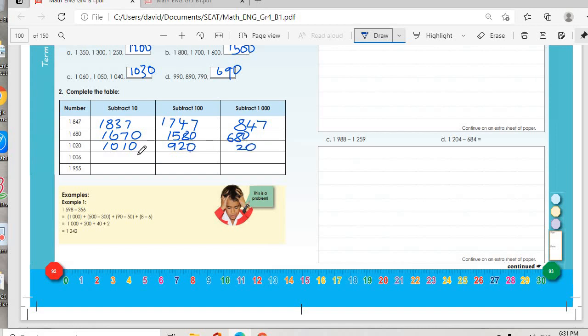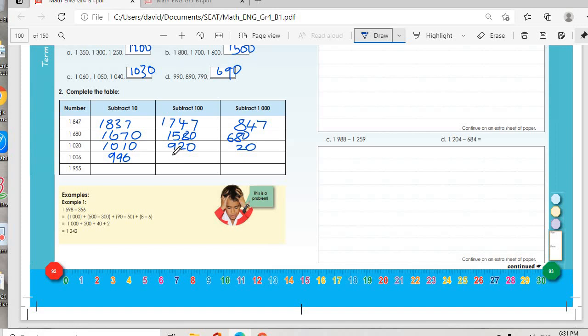Okay. Then we go 1006 minus 10. It becomes 996, if I'm not mistaken. Okay. Right, 996. Then subtract 100. Subtract 100 there.